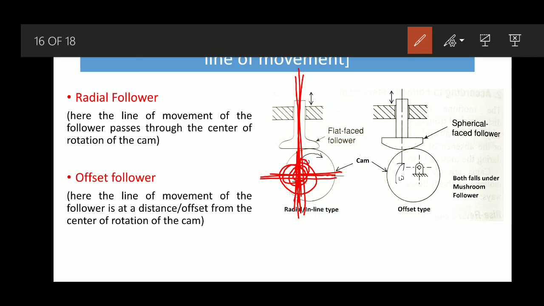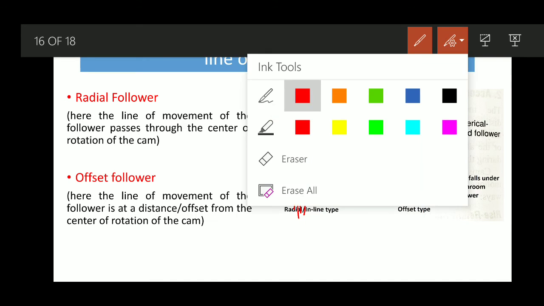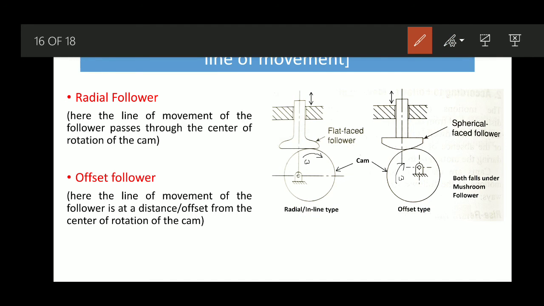If that is the situation, it is a radial follower. It is not required that it be a flat face follower. Even if it is a knife edge follower, as long as it moves passing through the center of rotation of the cam, it will be a radial or inline follower.